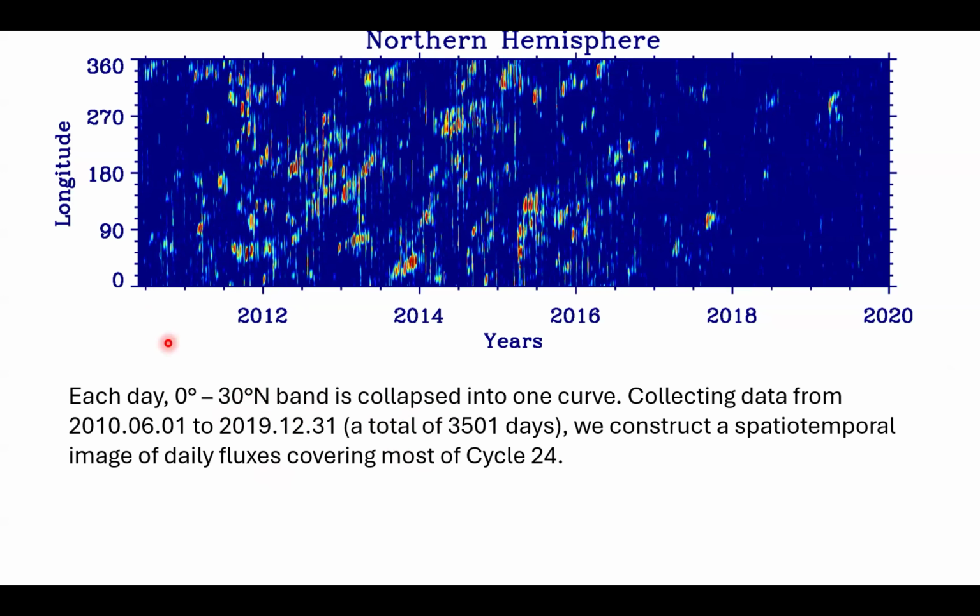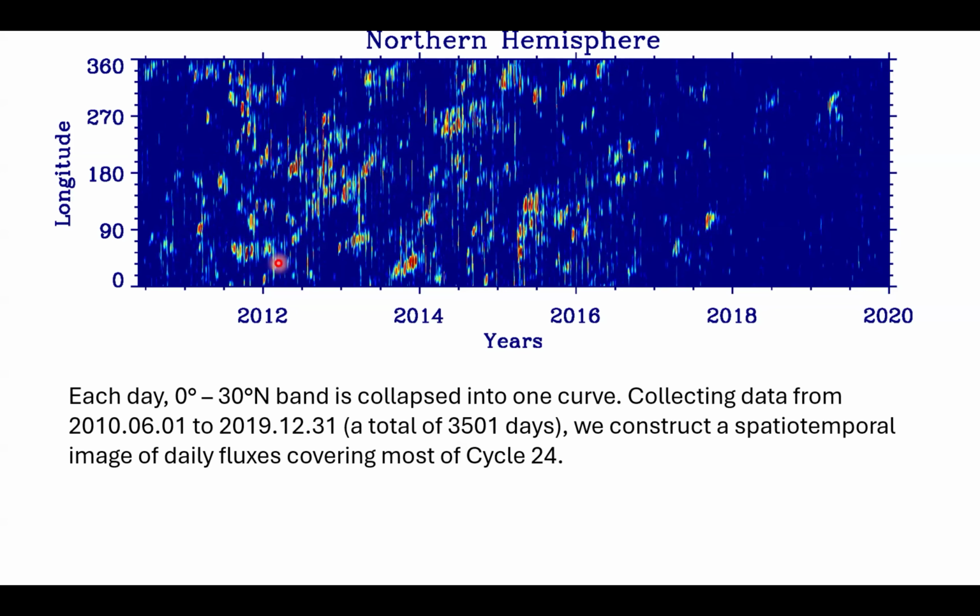This is a total of 9.5 years, that is 3,500 days. You're able to see the temporal evolutions. Solar cycle 24 has a total of about 2,500 active regions, and the northern hemisphere hosts about half of them. So this is a combination of over 1,000 active regions.